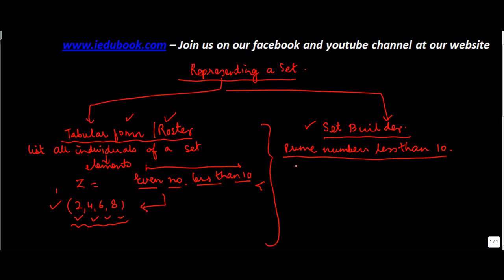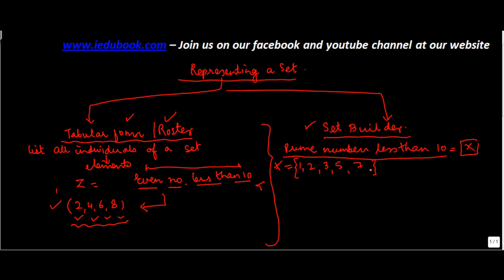In this case, we know what the prime numbers less than 10 are, which are 1, 2, 3, 5 and 7. So let us say this prime number set is denoted by x. So we say x is equal to 1, 2, 3 and 5 and 7.